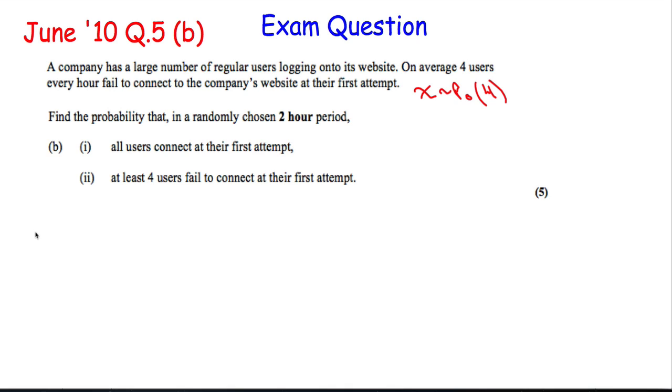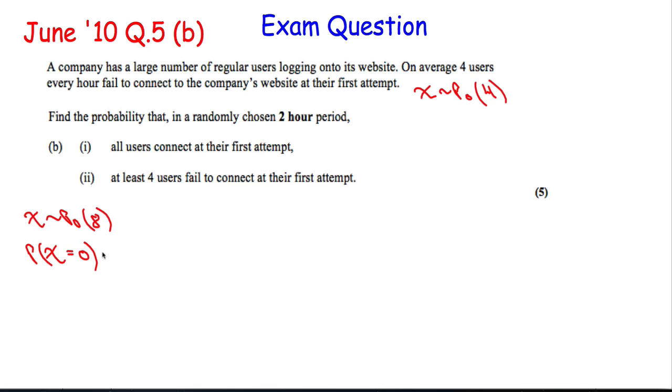So what we'll say now is that x has a Poisson distribution with parameter 8. And what we need to do is find the probability that all users connect at their first attempt. What we have to remember is that x is the random variable that they fail to connect. So I want the probability that no one fails to connect.